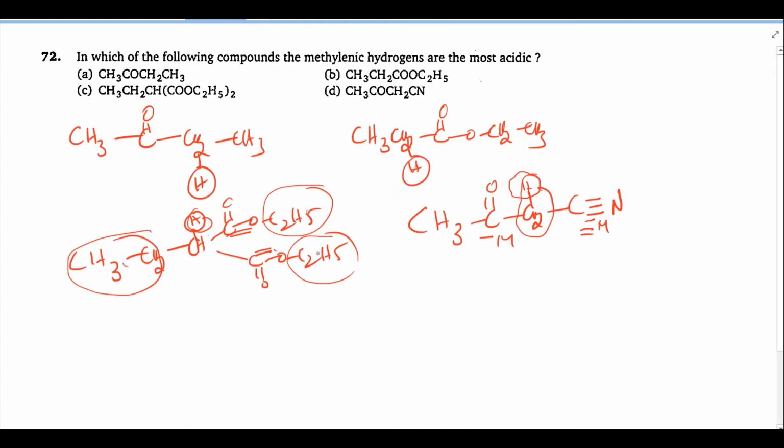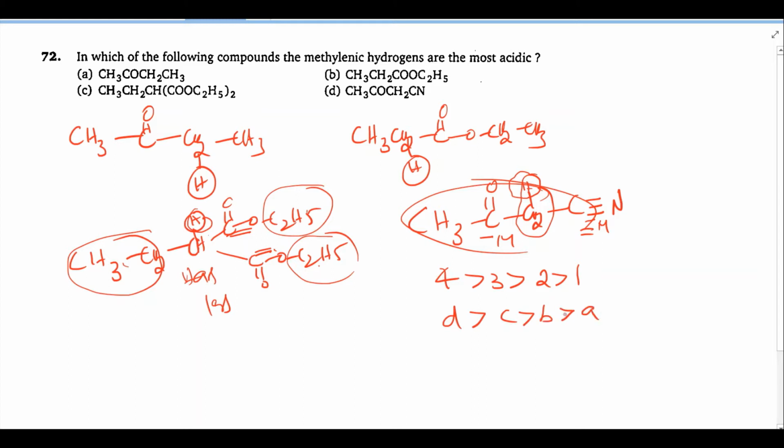Due to this electron releasing group, compared with the other hydrogen, it is less acidic. So the order is 4 greater than 3 greater than 2 greater than 1. That means D greater than C greater than B greater than A. This is our correct answer.